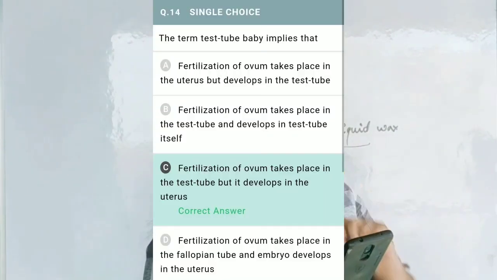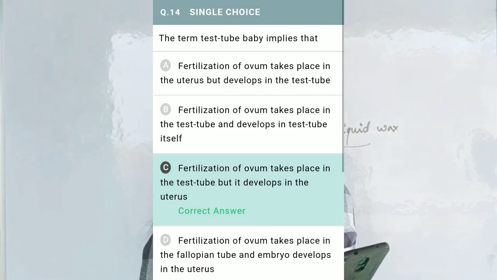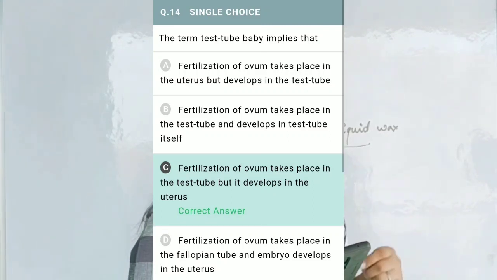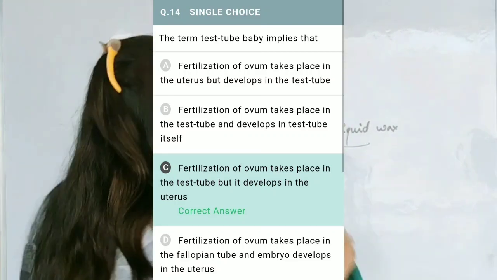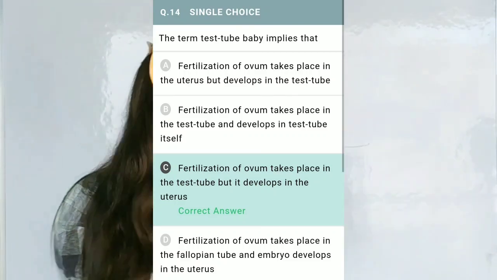Question number 14 says the term test tube baby implies that. So the correct option is option C, fertilization of ovum takes place in test tube but its development is in the uterus.